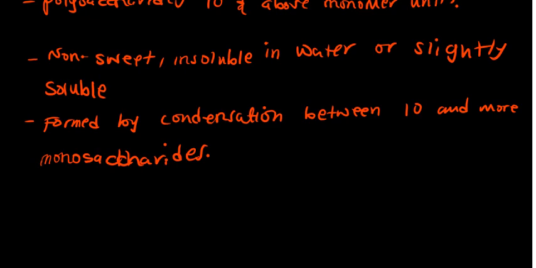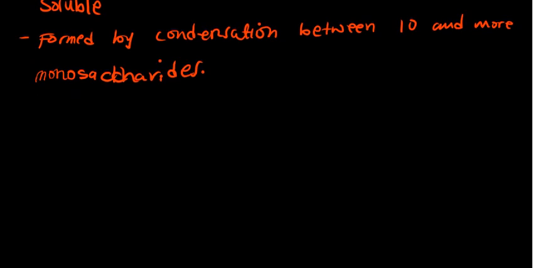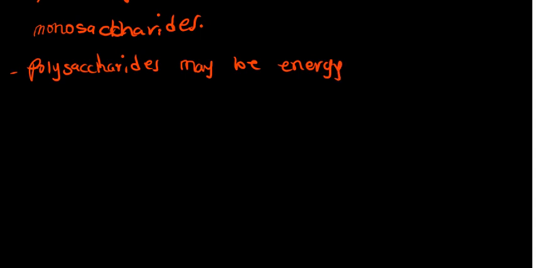So these polysaccharides may be in the form of energy storage, which are starch and glycogen. Of course, starch is for plants, but glycogen is the one for animals.